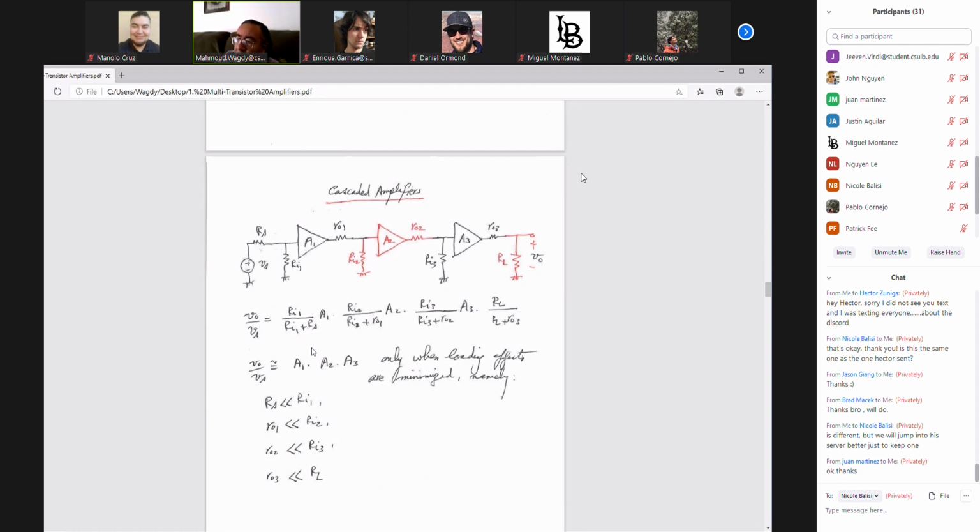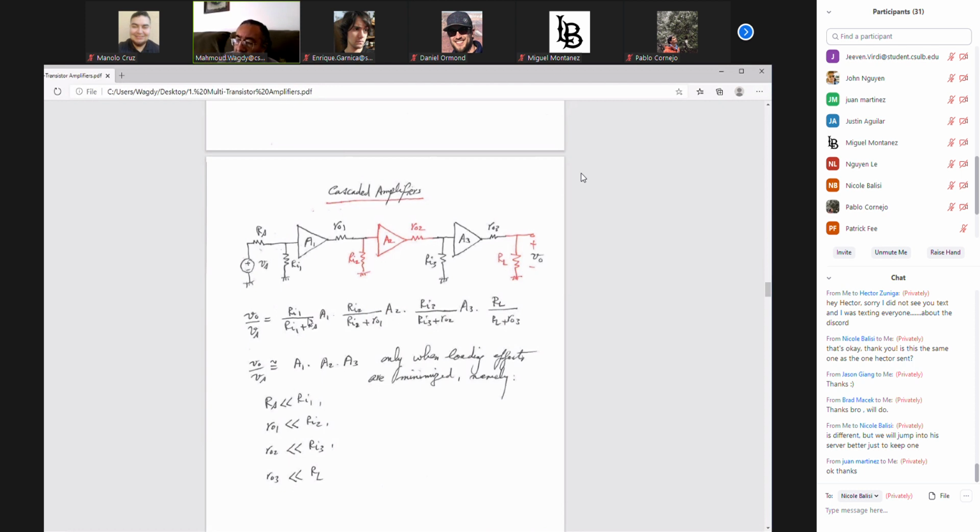So what's the condition now that the gain is simply A1, A2, A3? In order for this gain to be A1, A2, A3, you need to have a condition. The condition is that these voltage dividers should disappear.